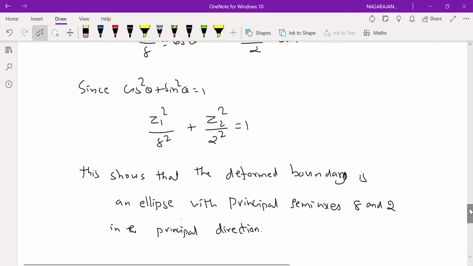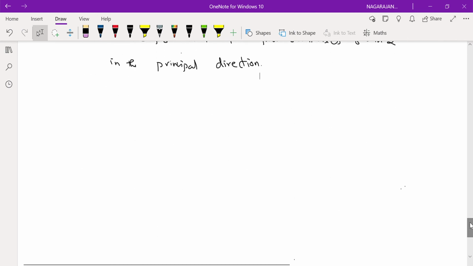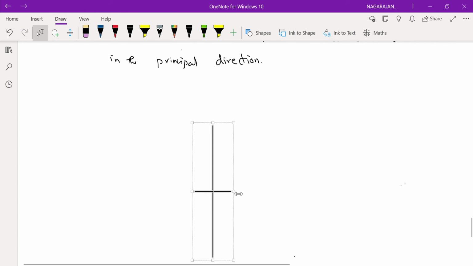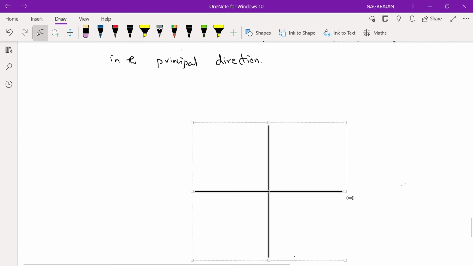From the graphical point of view, this is a unit circle. Here the semi-major axis is 8 and the minor axis is 2.